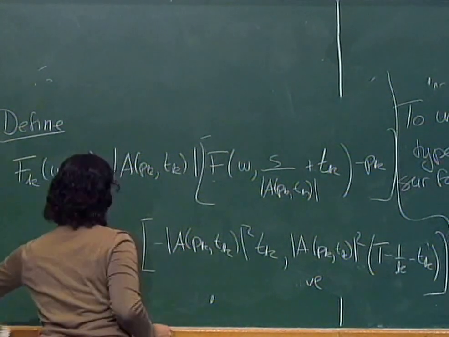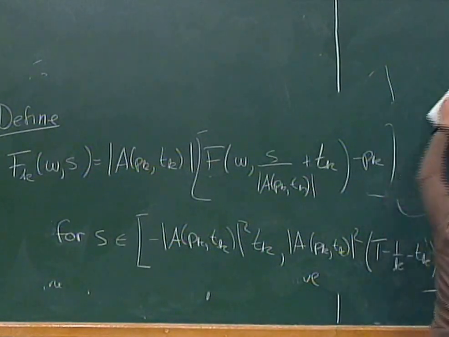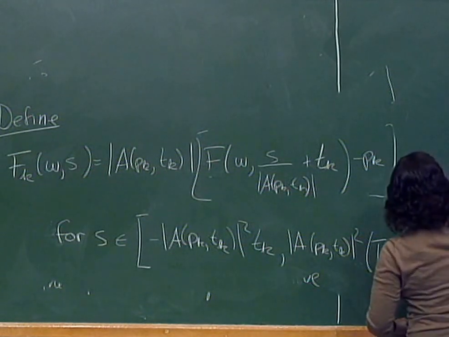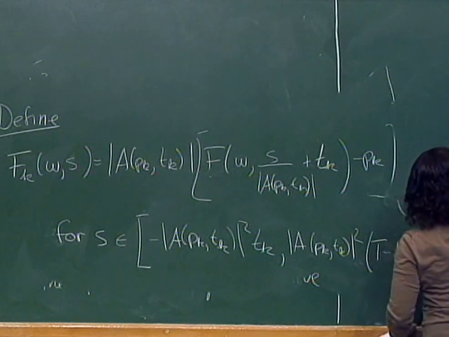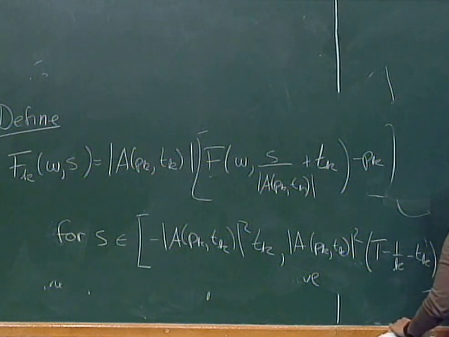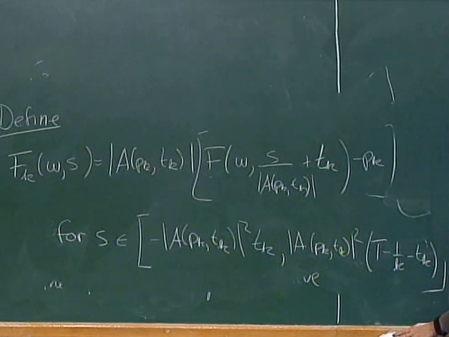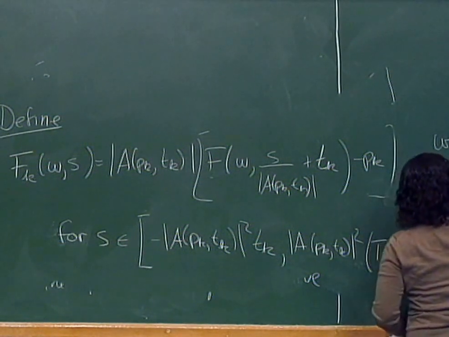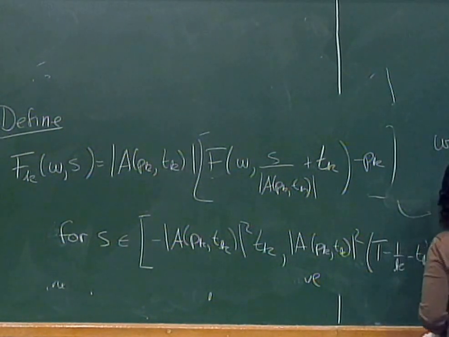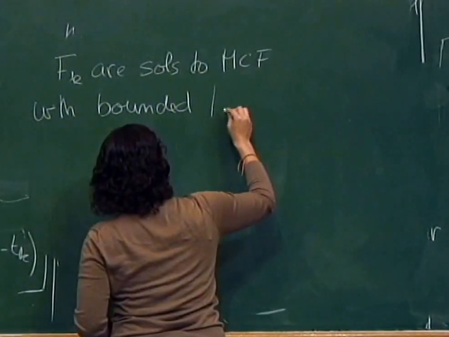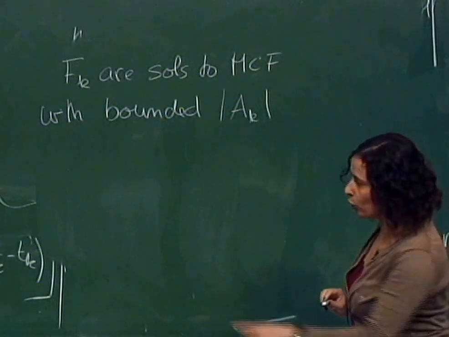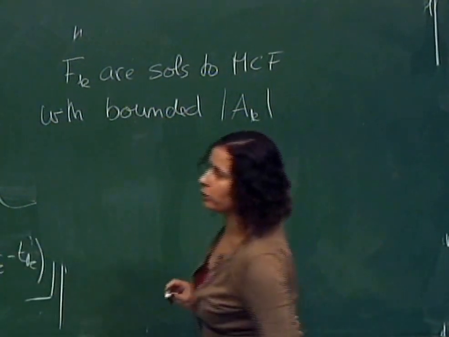So there are solutions to mean curvature flow with bounded second fundamental form, not for all the time, but almost all the time by the way I chose.